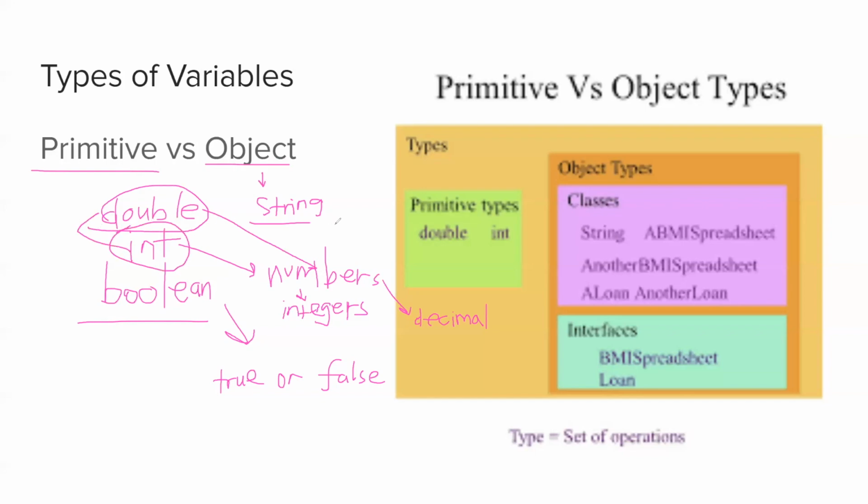And then the last one, string, these are responsible for words. So if I have like Dennis, which is my name, I need a string variable to hold the value of Dennis. So why would you ask? Well, why do I need this? Why can't I just say, oh, like name equals Dennis?